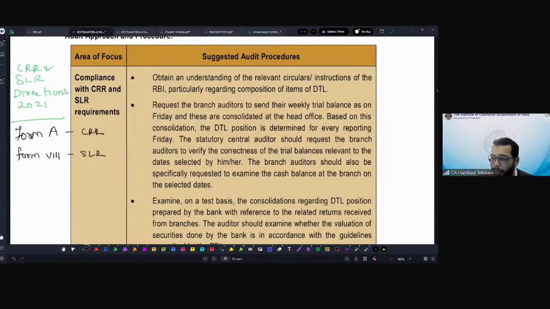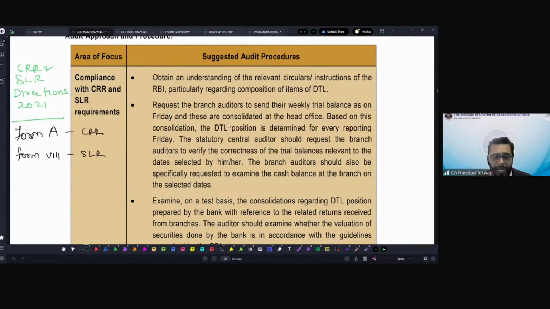Now SLR is required to be maintained again at a particular percentage, as we discussed, 18%. There are eligible assets on the basis of which you are required to calculate SLR. Again, the auditor is required to understand what those SLR assets are, how to calculate them, and whether to include some assets or not.